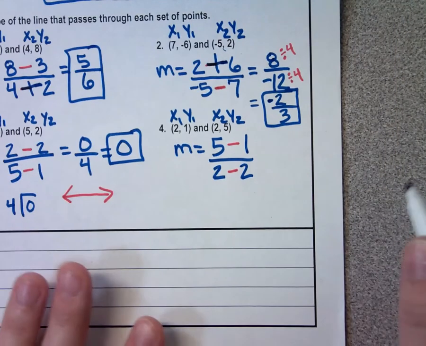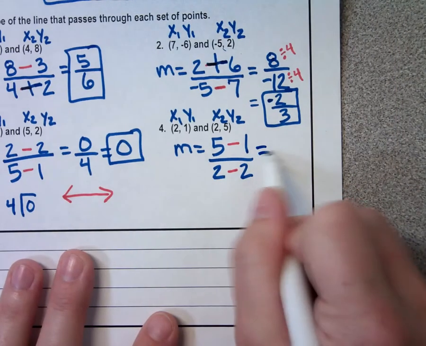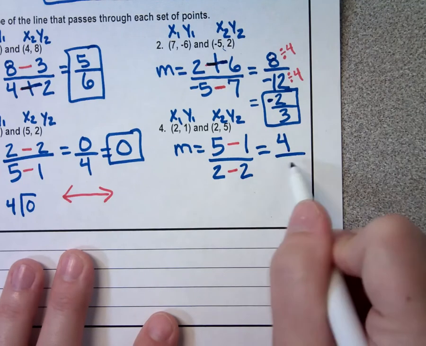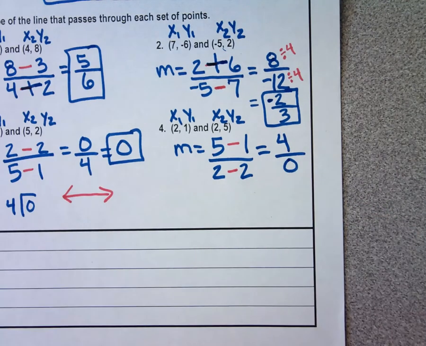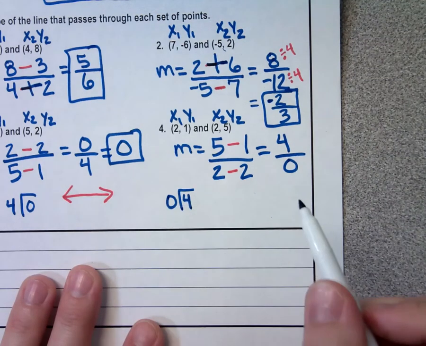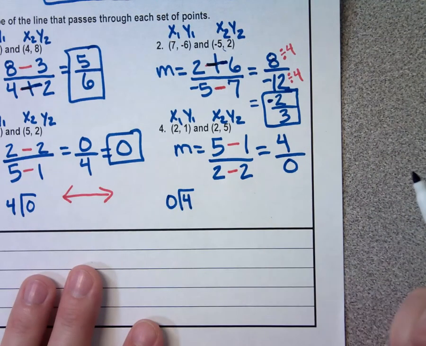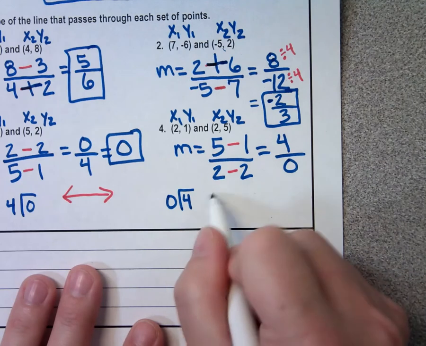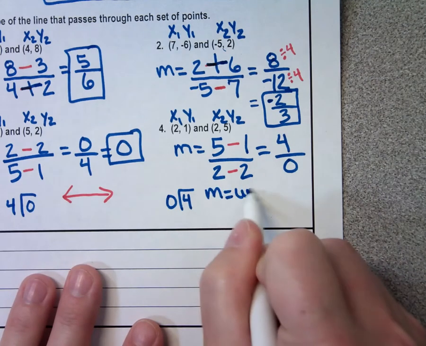No minus negatives, so here we go. 5 minus 1, 4. 2 minus 2, 0. What's that? 4 divided by 0. What can we multiply 0 with to get a 4? Nothing. So the slope is undefined.